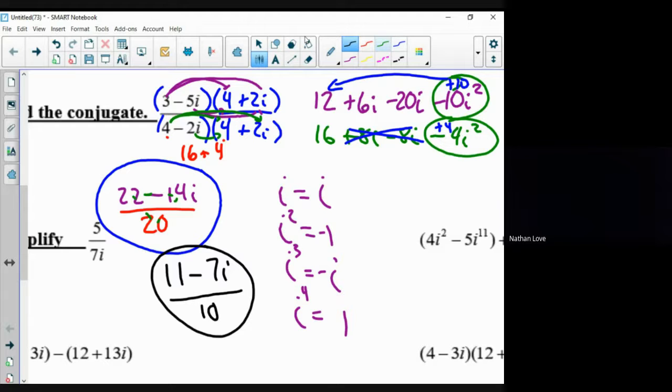Is that the conjugate? No, it's not the conjugate. What's the conjugate of that one? Now, just so you know, Kinsey, the conjugate means that I just take the middle sign and switch it. So to find the conjugate of this one, you just change it to a plus sign. That is the answer. Okay.